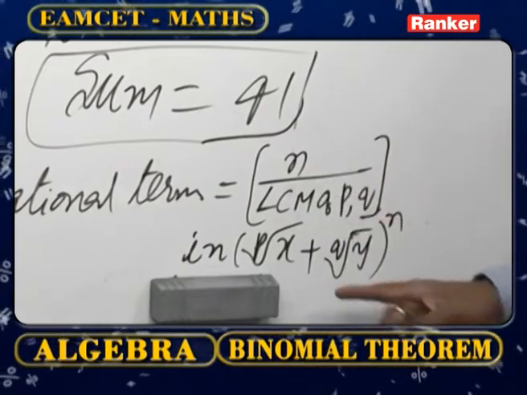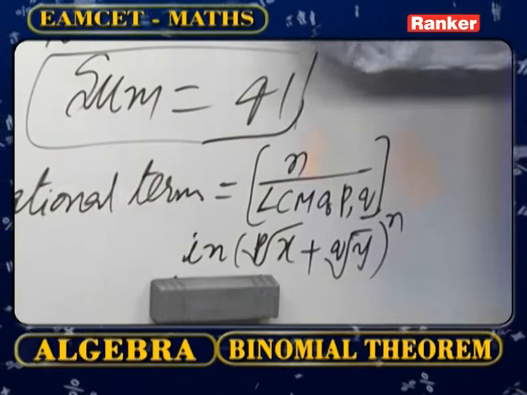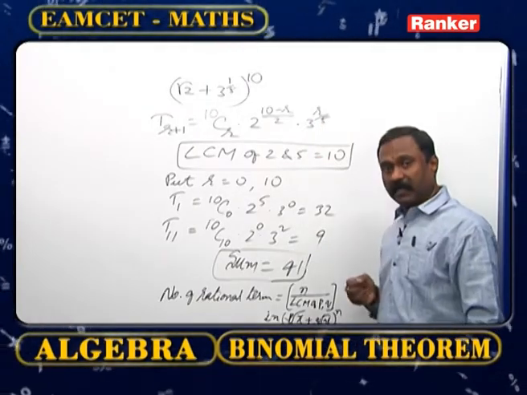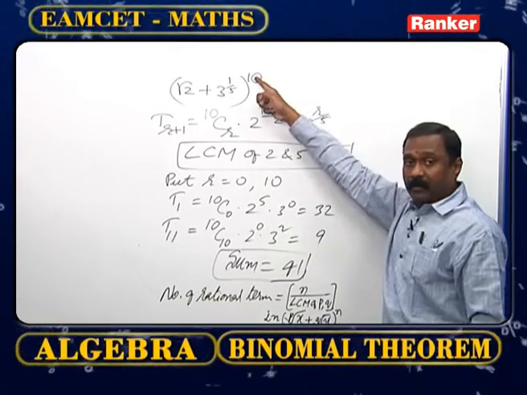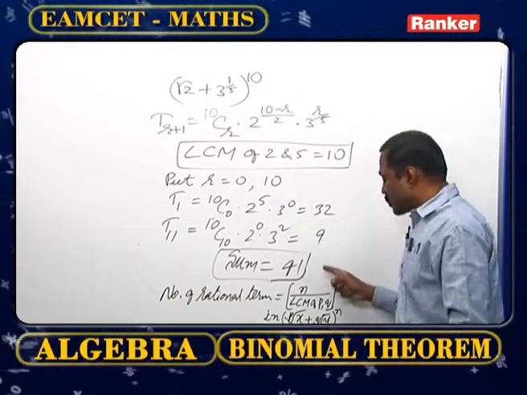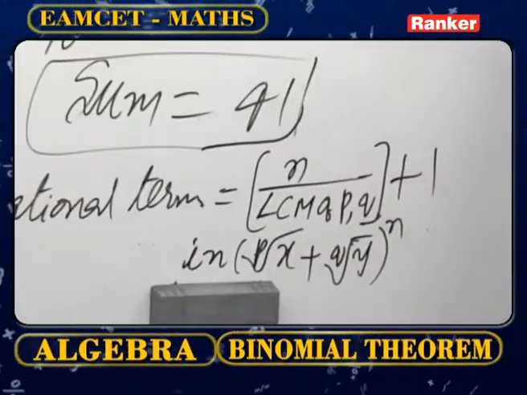n is taken, LCM of p and q are taken. That's what we did here. LCM of 2 and 5 are taken. Now, what is n here? 10. What is LCM of 2, 5 here? 10. So 10 by 10, it is 1. And you must have plus 1 for this.